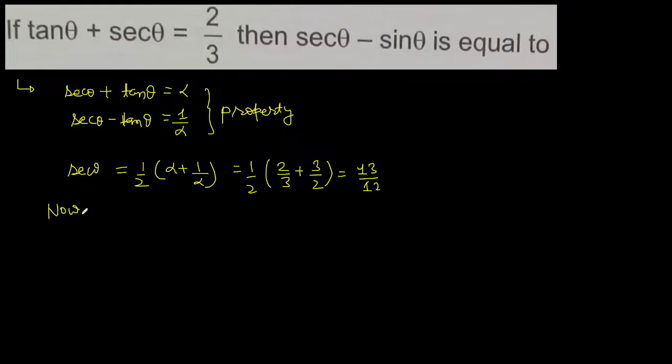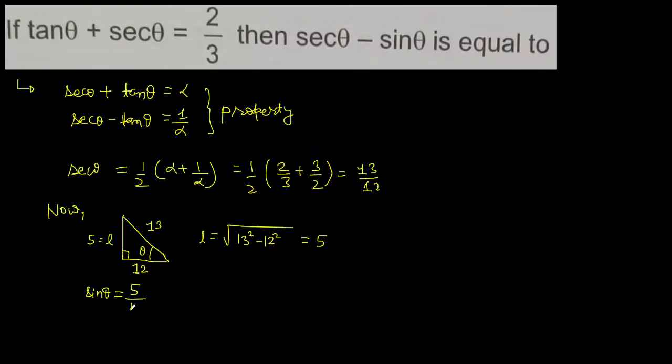Now we will have a triangle. So theta is this, sec theta is what? Hypotenuse upon base. So from Pythagoras theorem, if this is L, L will come out to be root under 13 whole square minus 12 whole square, which is 5. So L will be 5. So sine theta will be perpendicular by hypotenuse.